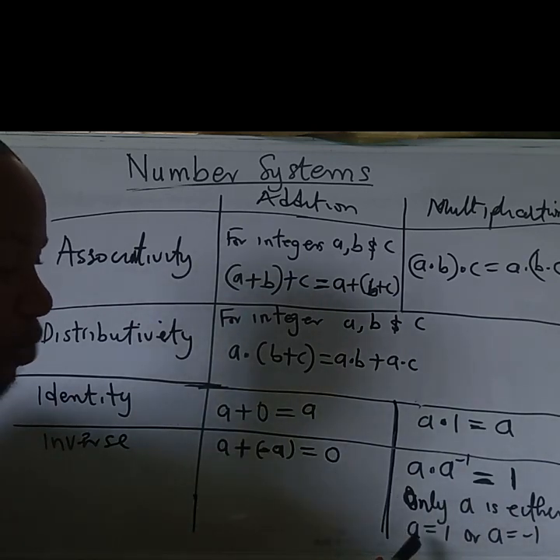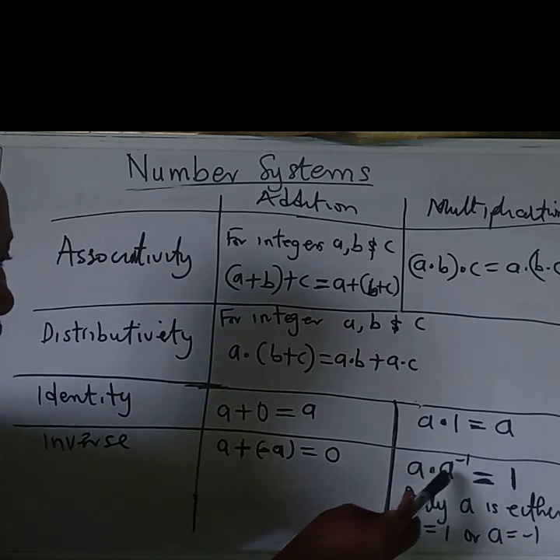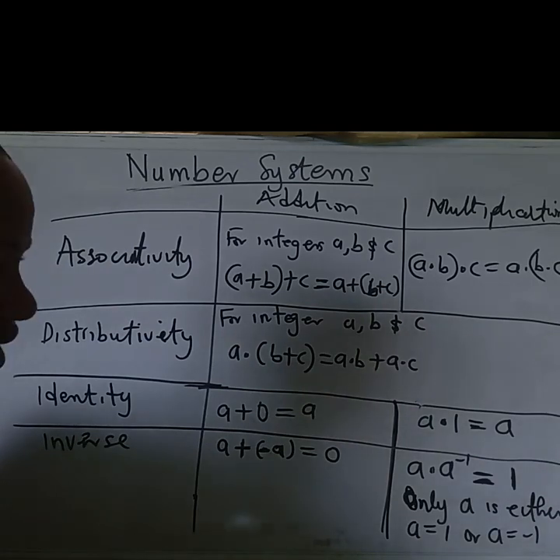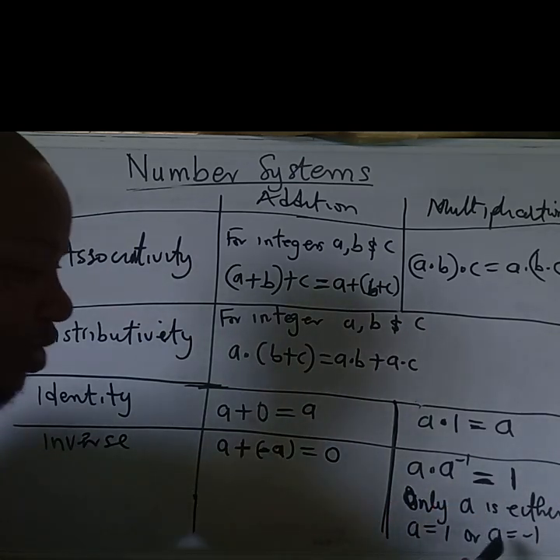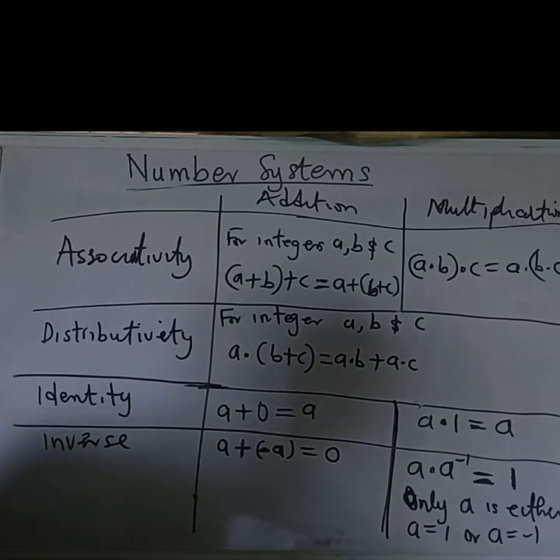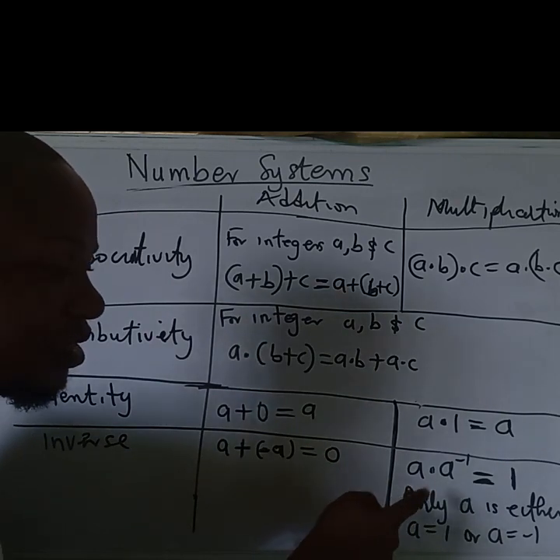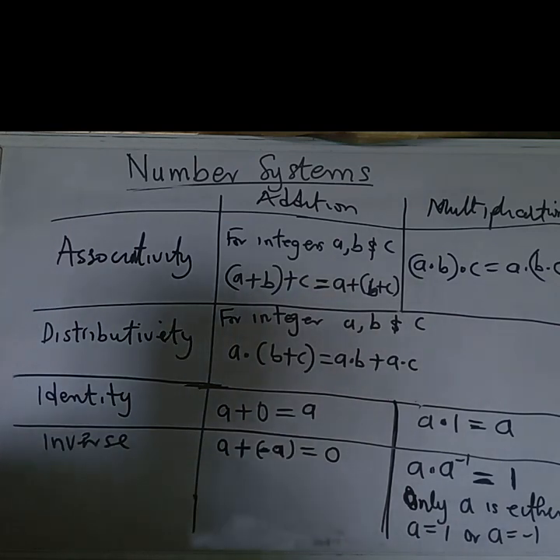But in the case where we pick a to be 1, this will be 1 multiplied by 1 raised to the power of -1, which is also 1, and we multiply that, we have 1. So any number other than these two cannot hold under the inverse law of integer numbers. Let us make it clear, the only invertible numbers here are 1 or -1.